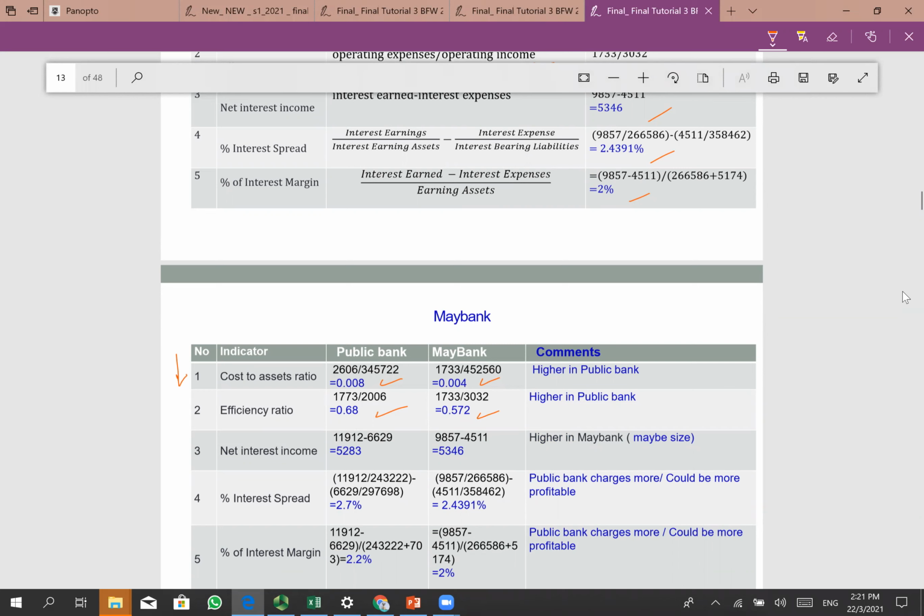But then I find the net interest income to be here. This number you cannot compare because it is affected by size, which means if these people are making 52 billion and this is 53 billion, then it's just a size. Maybe by total asset this bank is bigger and this is smaller. But at least it is in dollars.